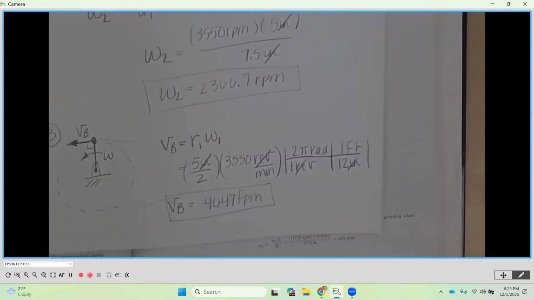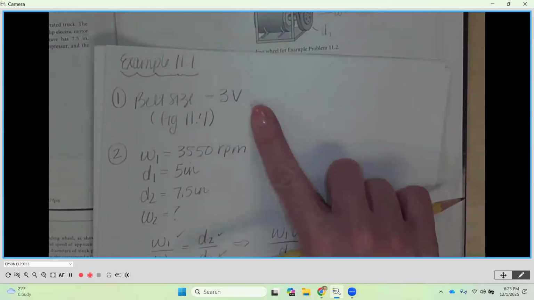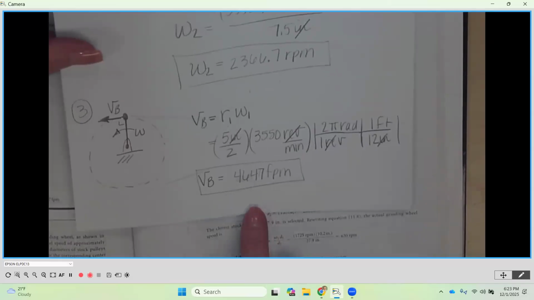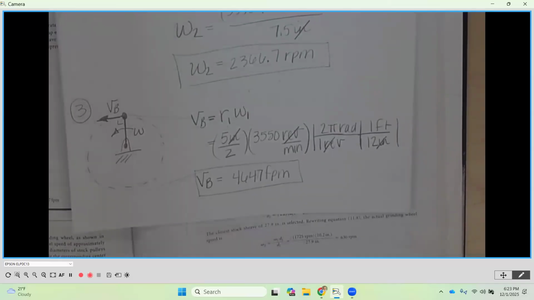Questions on this, because those were the couple of things that they wanted us to do. They wanted us to find the size of the belt, determine what the speed of our output or our compressor was going, and then what that belt speed was going at that rotational speed. Okay. All right.